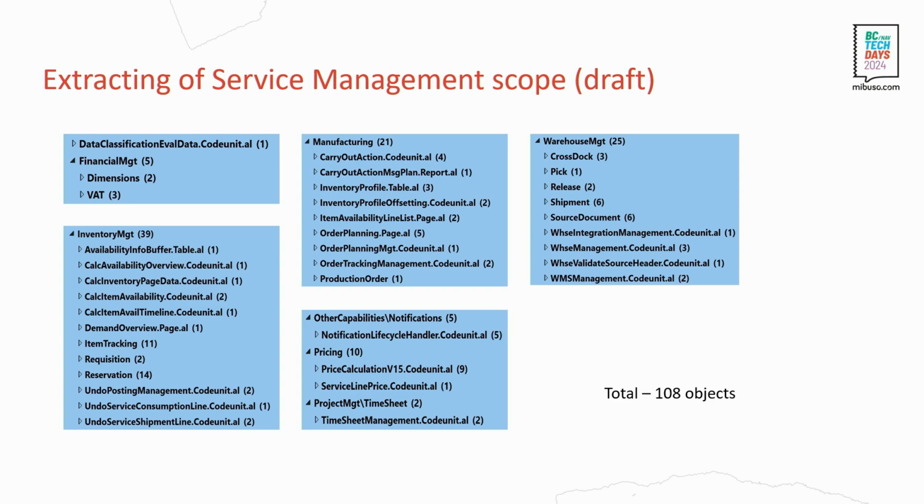And here you can also see that we have some modules, like, for example, reservation, item tracking, availability calculation, requisition, and demand calculation, order promising, a lot of things, and not only in inventory, but also in other areas, which in the end of this story should become source document independent.